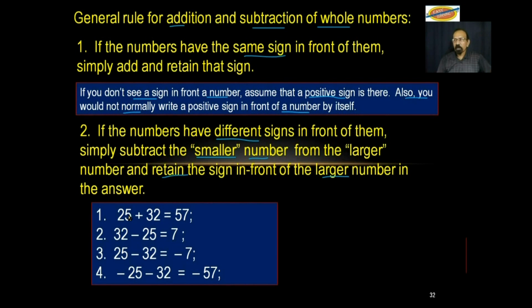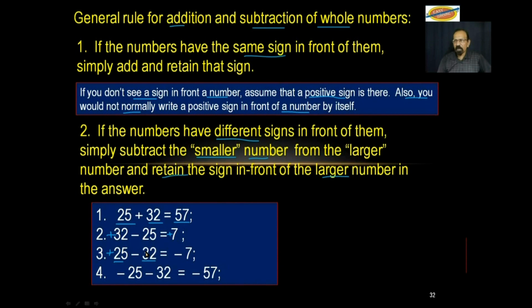For example, 25 plus 32, that's two plus signs, you just add them and keep the plus sign. You don't write it. 32 minus 25, there is a plus sign here. Two different signs, you subtract and you keep the sign that is in front of the larger number. So that's 7. 25 minus 32, there is a plus sign here.